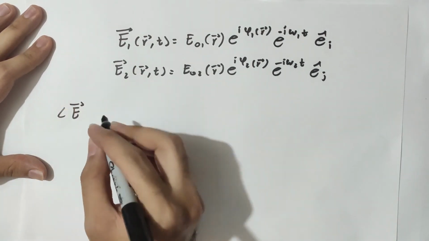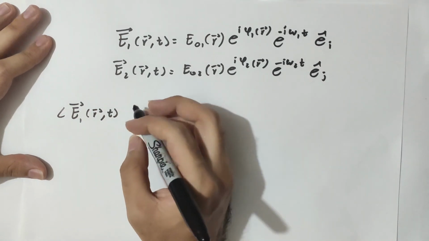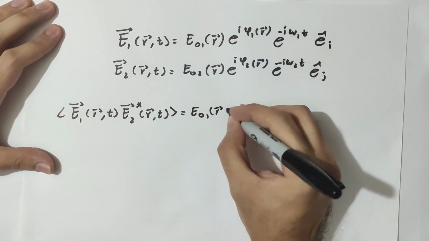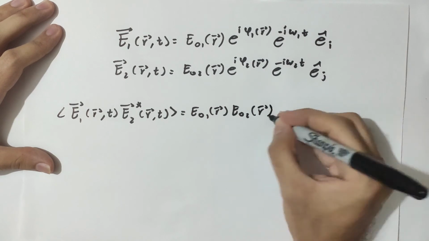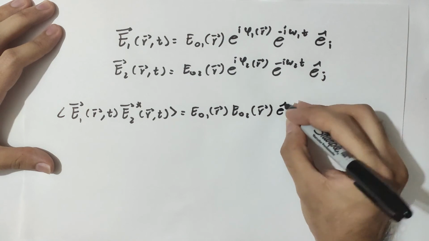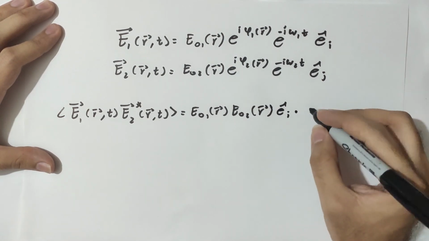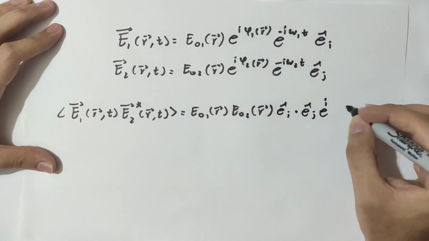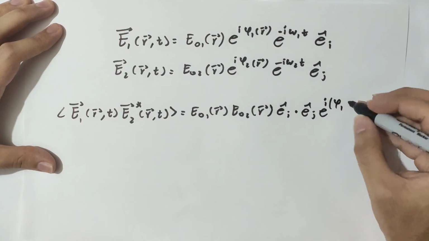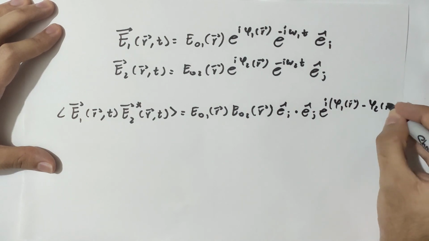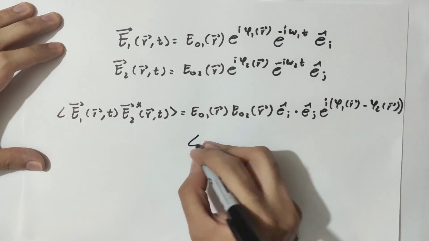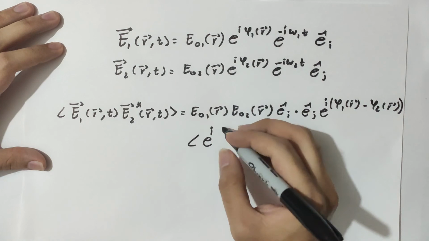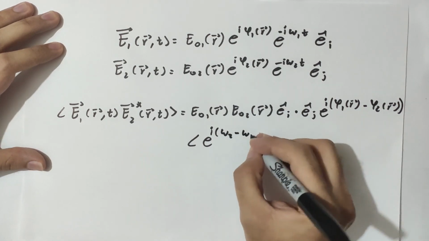Remember that this multiplication of this vector represents the inner product or the dot product. So this multiplication is equal to the multiplication of the amplitudes at that point times the dot product of the polarization of the two electromagnetic waves times the phase, which is phi1 minus phi2, times the time average of this harmonic function, which is e to the I multiplied by omega 2 minus omega 1 times t.